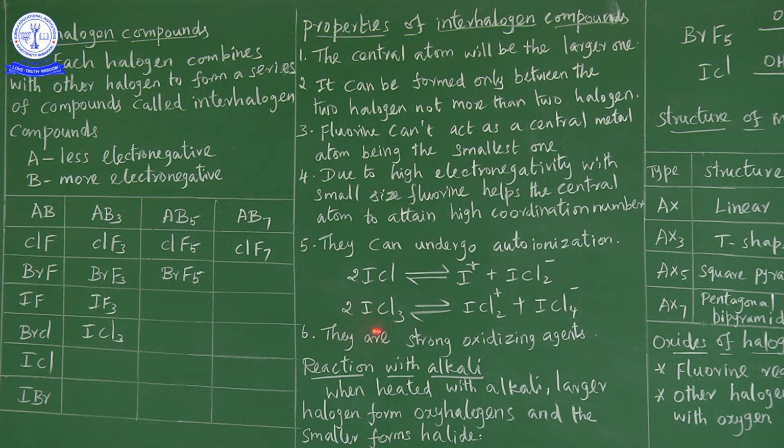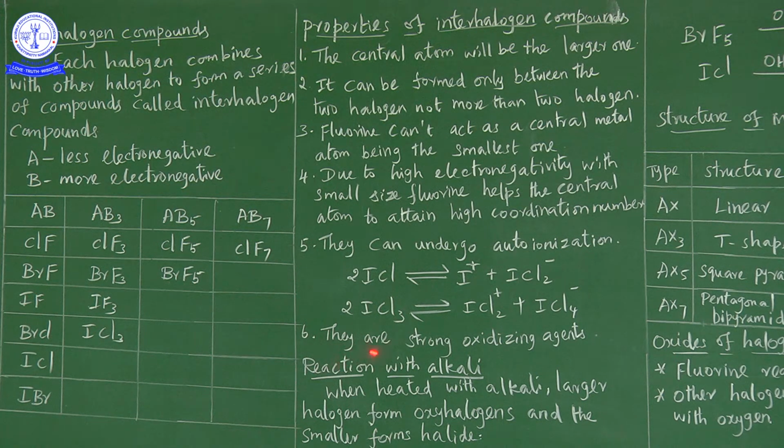Another example is iodine trichloride, ICl3, which undergoes spontaneous autoionization to give ICl2 plus and ICl4 minus, a cation and an anion. So interhalogen compounds undergo autoionization, forming both cations and anions.